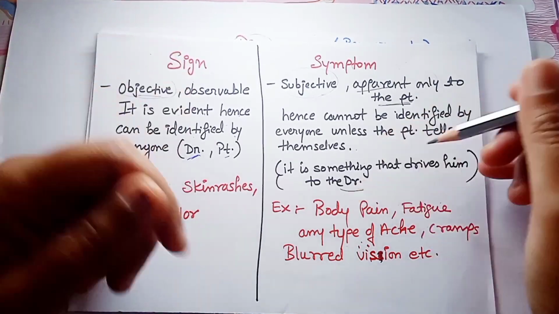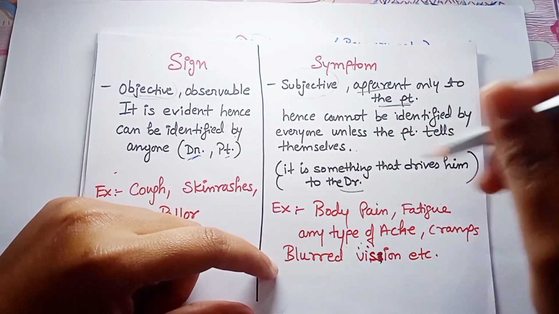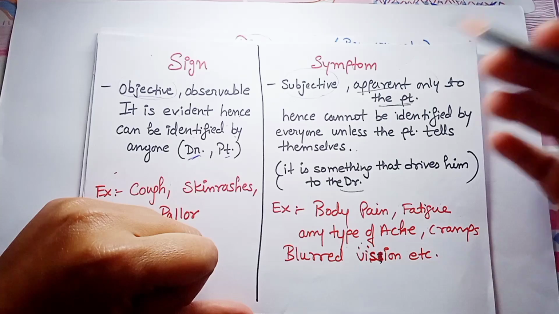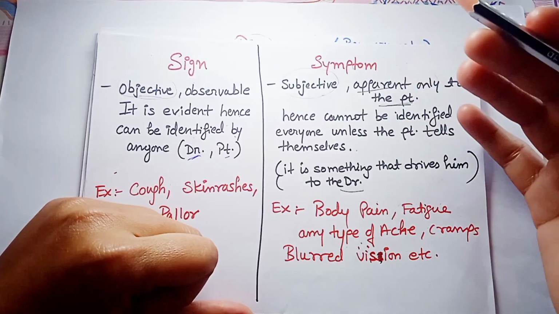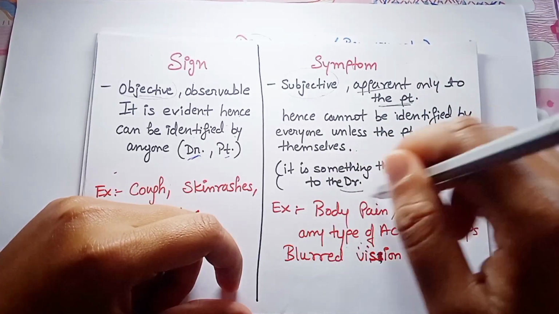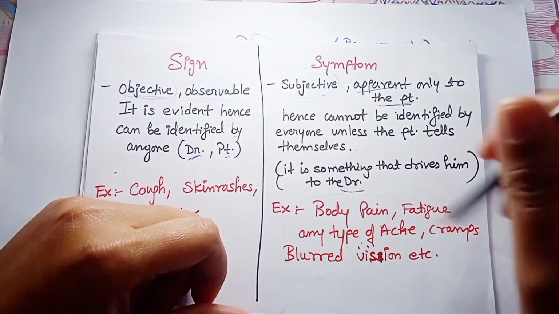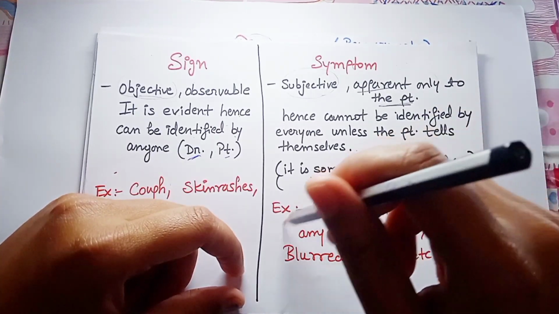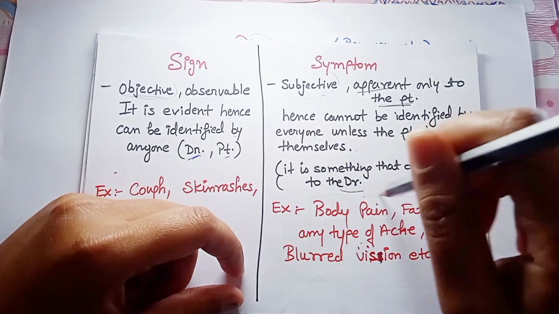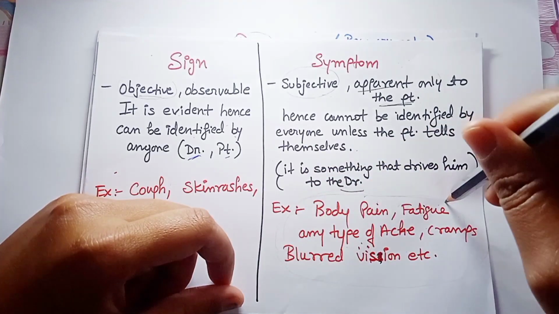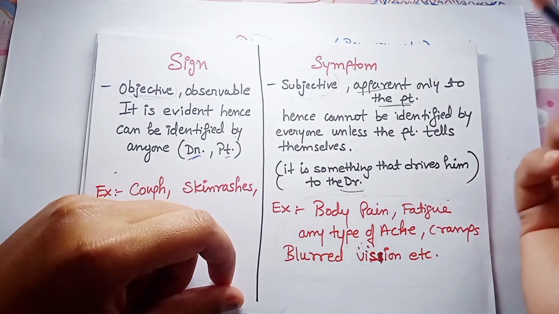Example, if the patient complains of body pain or fatigue or any type of ache or cramps or blurred vision, all these symptoms cannot be identified easily by doctor. These complaints are patient's own complaint which he is feeling. So it is something personal. So symptoms are subjective.